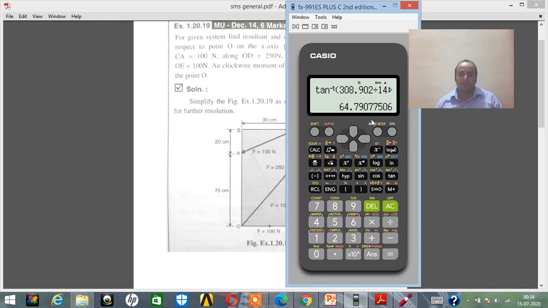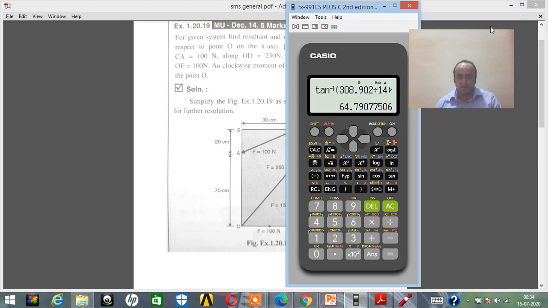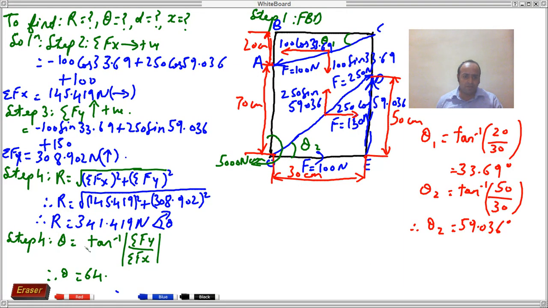The value comes up to 64.79 degrees, and of course in first quadrant. So here it is, 64.79 degrees towards first quadrant.